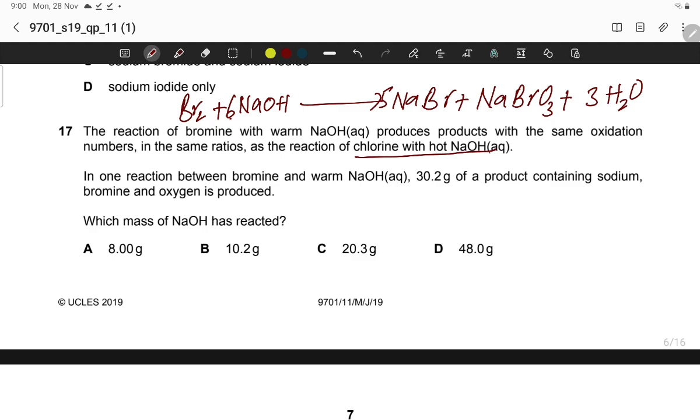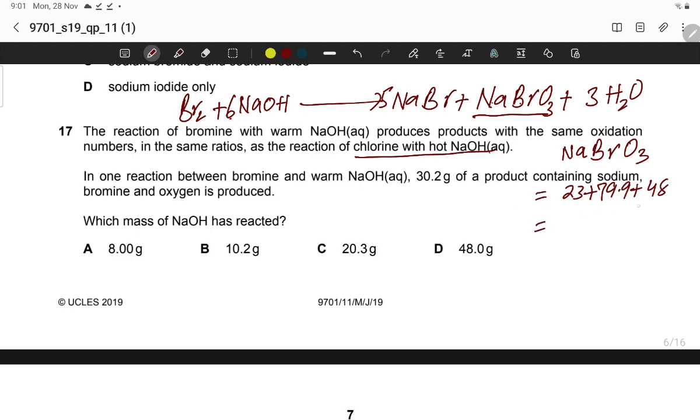Now this is sodium bromate, which contains sodium, bromine and oxygen. The mass is sodium 23, bromine 79.9, oxygen 48.